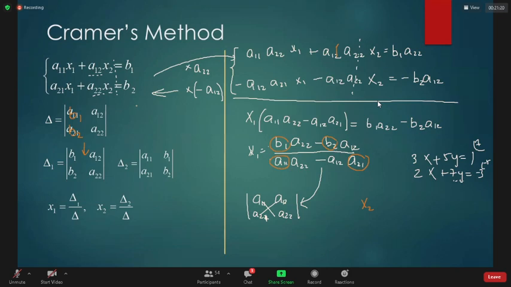And again, in a similar way, we would discover that in the denominator we get the system determinant, and in the top part, we would get this second additional determinant.